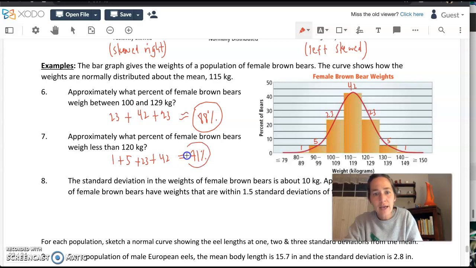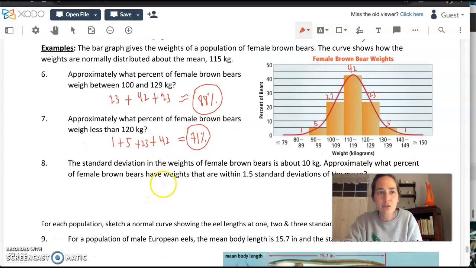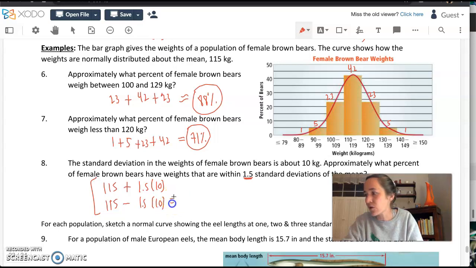And the third question, the standard deviation in weights of bears is about 10 kilograms. Approximately what percent have weights that are within 1.5 standard deviations of the mean? You can try this one on your own, take the mean. You're going to add and subtract 1.5 times 10, and then just take a look at the data and see if you can answer the question from there.